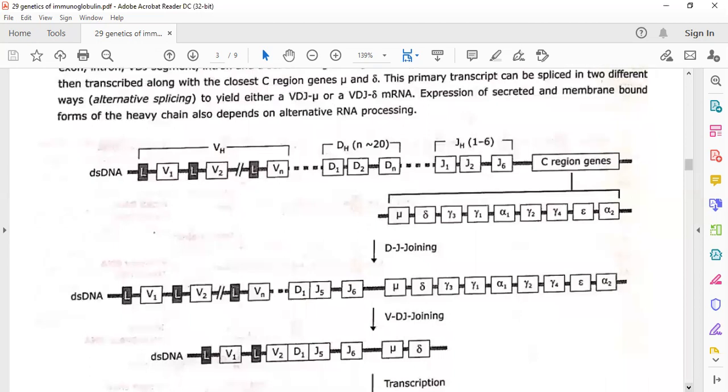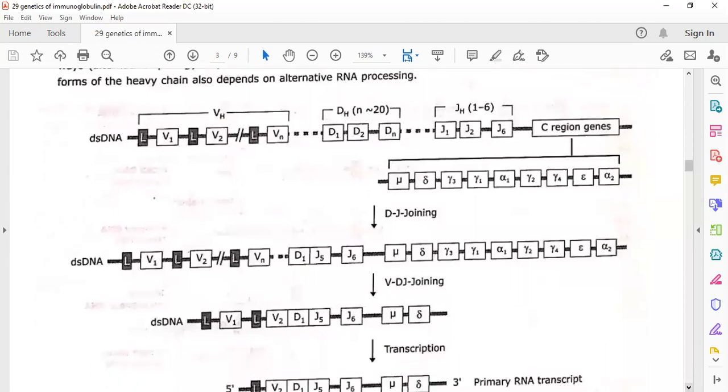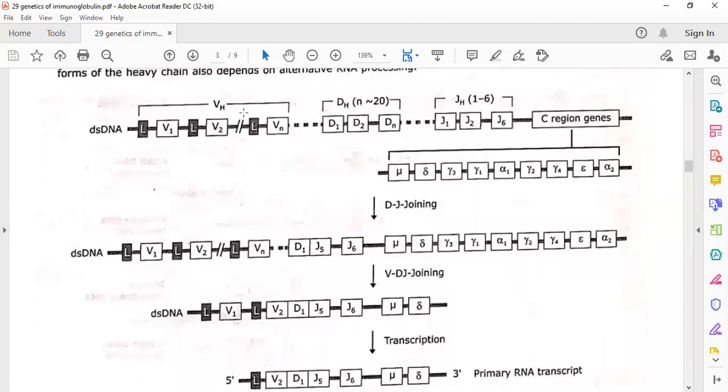So how is the VDJ recombination formed? Here first we describe this double stranded DNA where 50 V genes are there, 20 D genes are there, and 6 J genes are there, which are attached to the J region and the heavy chain, different heavy chains.